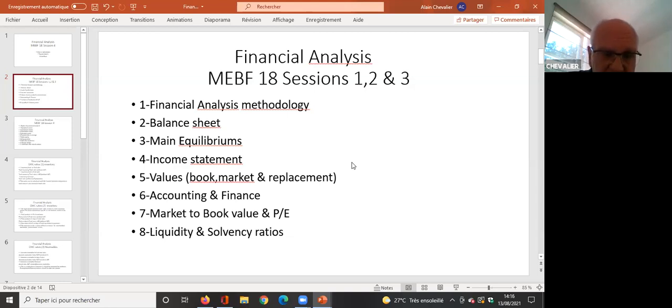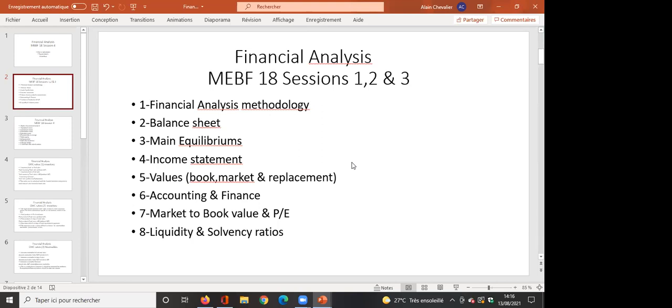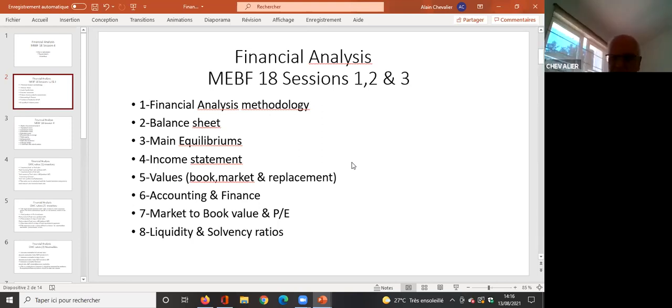We went to an analysis of the differences between accounting and finance, and how to manage these differences in financial analysis, which is somewhere between. And yesterday also we went through market to book value considerations, ratios, and PE and payout ratio.